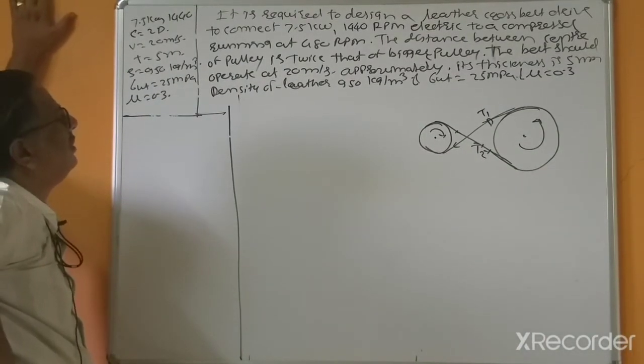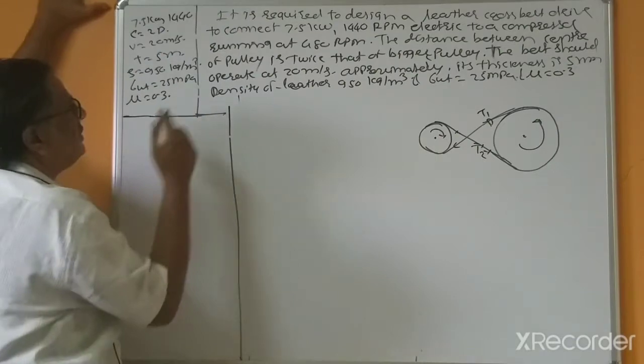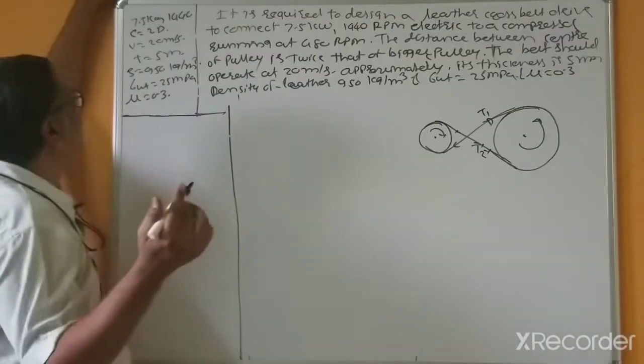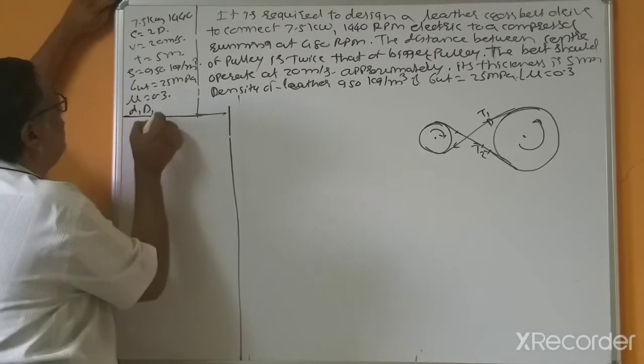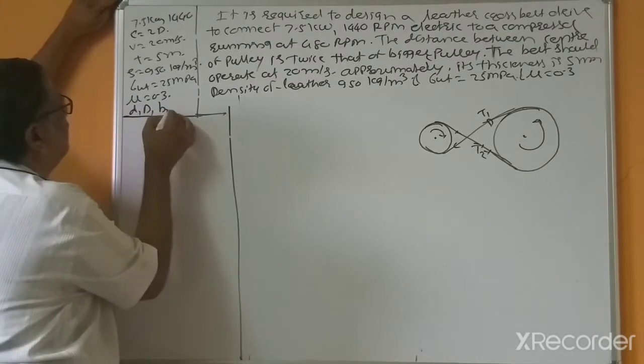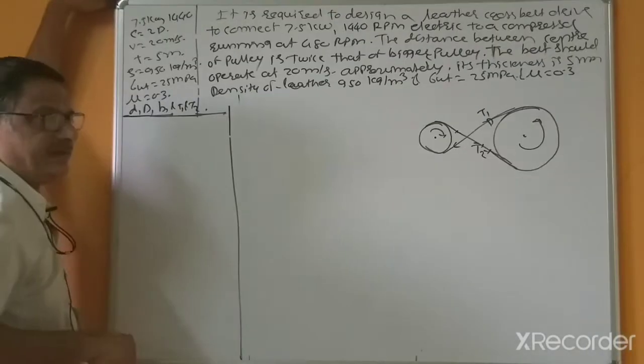Similar to the last problem, first we will calculate the diameter of the smaller pulley, the width B, and T1 and T2.